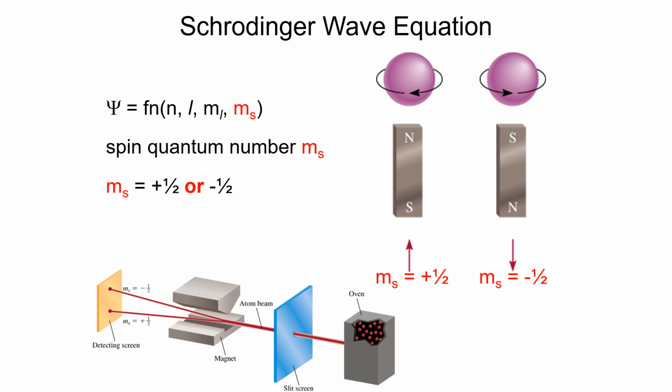So jumping ahead of ourselves a little bit, if we have an orbital, and let's just say this is the s orbital, there's a rule that we'll talk about in a bit that says that only two electrons can occupy an orbital. And those electrons must be opposite in spin.